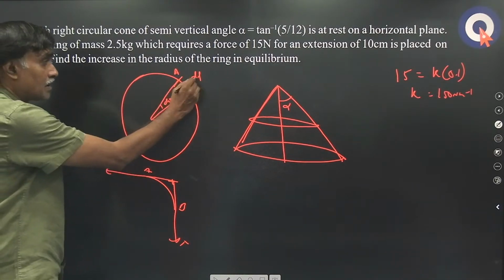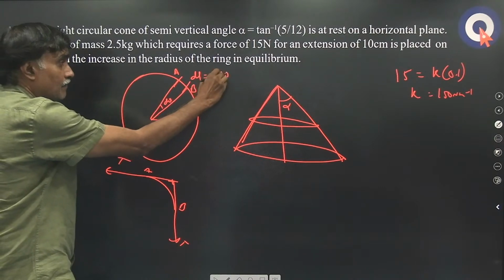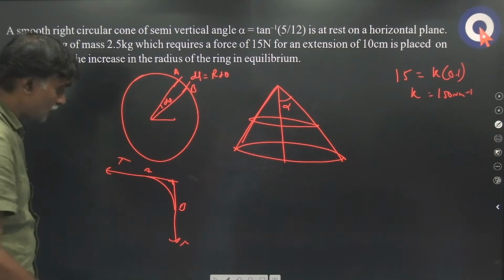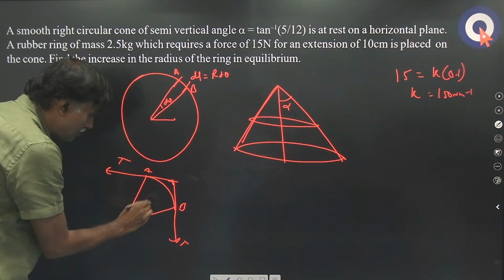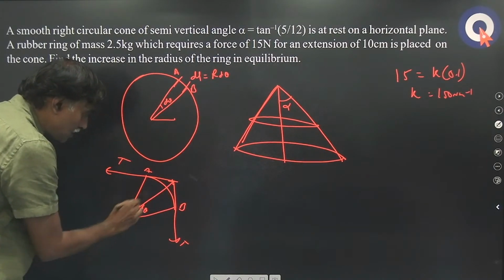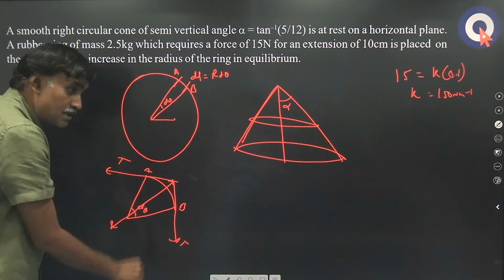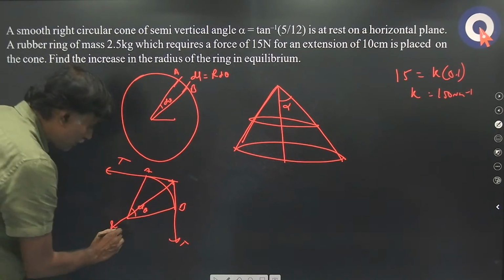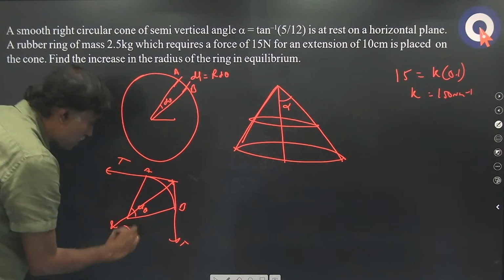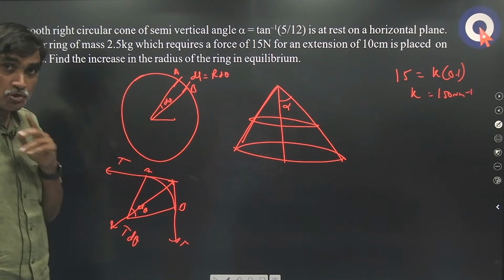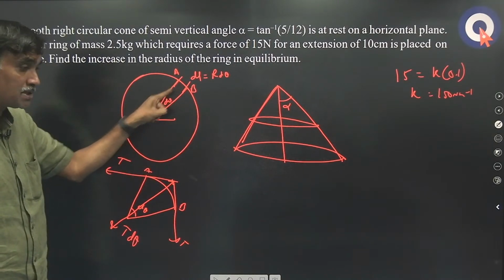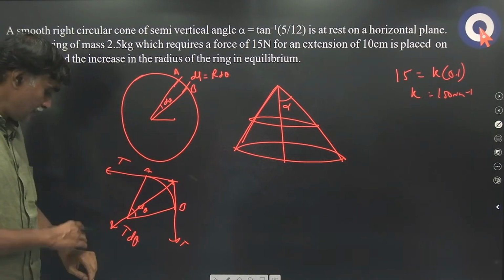What is the length of that arc? dl is r d theta, where r is the radius of the ring. Then this angle is d theta. Then what is the net force towards the center? T sin d theta by 2 plus T sin d theta by 2, which can be written as T d theta. So if the tension in the ring is T, then the net force towards the center on the small element is T d theta.